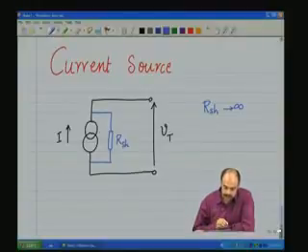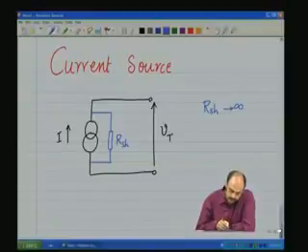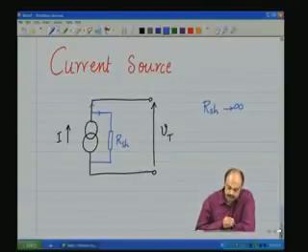So now, if you look at this circuit, though the current source I is flowing here, it is now splitting into two parts. One portion of the current will flow in here and another portion of the current flowing here.